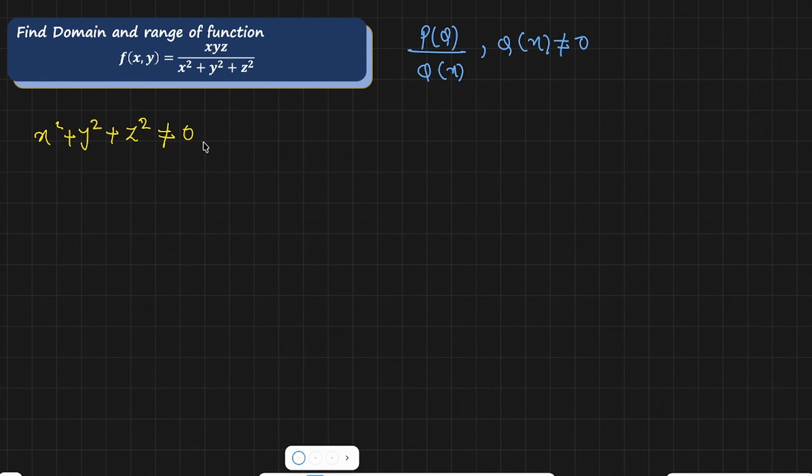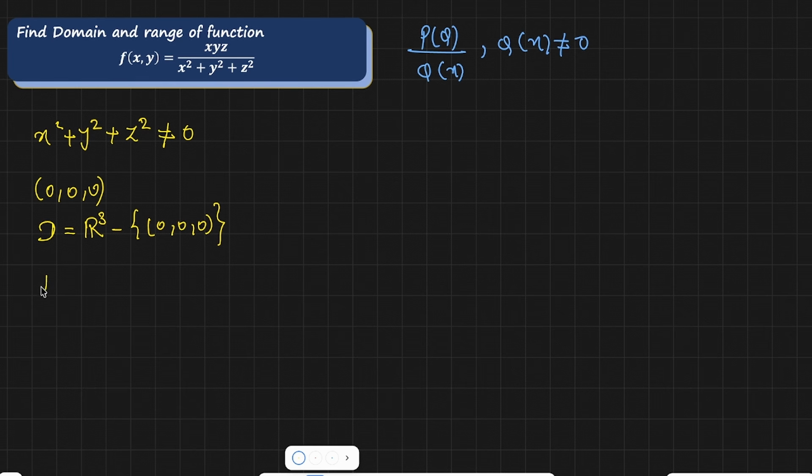And when will this condition happen? Because all are positive, this condition will be true for only 0 comma 0 comma 0. So simply you can write your domain like this: R3 minus (0, 0, 0).